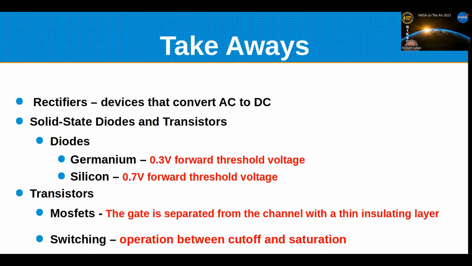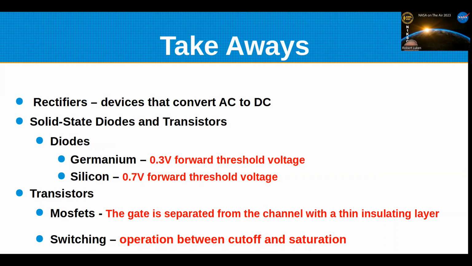Rectifiers, they dropped from the exam, talked about it a little bit. They convert AC to DC. Solid state diodes, you need to remember germanium is 0.3 volts forward threshold and 0.7 volts for silicon. We've got two types of transistors, MOSFETs and bipolar.